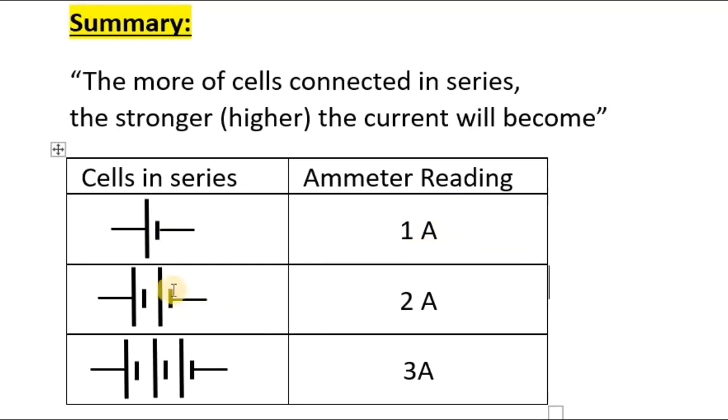Then, with 2 cells in series, the ammeter reading was 2 ampere, there was an increase. And then with 3 cells in series, the ammeter reading was 3 ampere, an even higher current. And that confirms our summary, that the more cells connected in series, very important in series, the stronger or the higher the current will become.